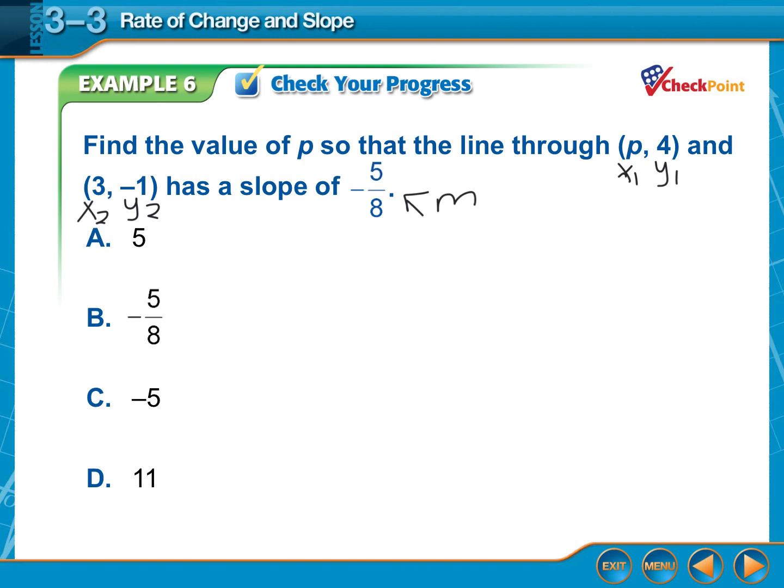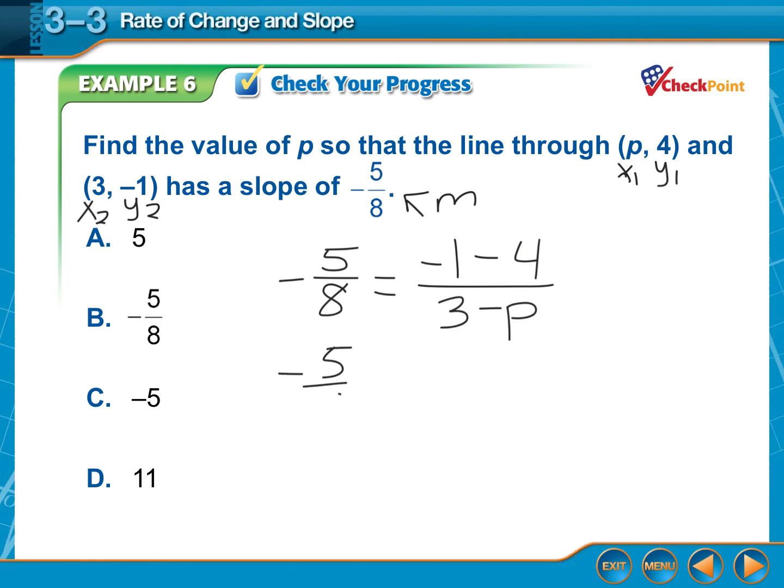What's m? Negative 5 over 8. So we plug in negative 5 over 8 for m. What is my y2? Negative 1 minus 4 over 3 minus p. Evaluate what you know. Okay, so we can't do anything over here, right?